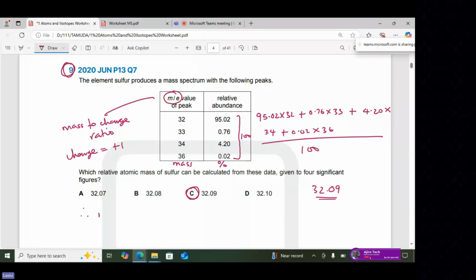So mass over charge means mass, because the charge is 1. Do you get the point? That's how I calculate that. You don't take this as the mass, take this as your mass. Then multiply by the abundance, and you get your answer.